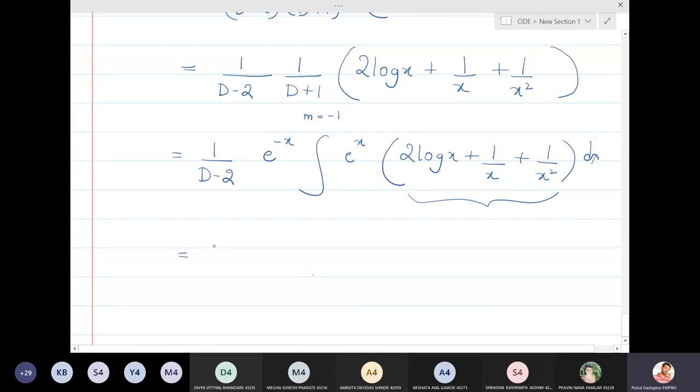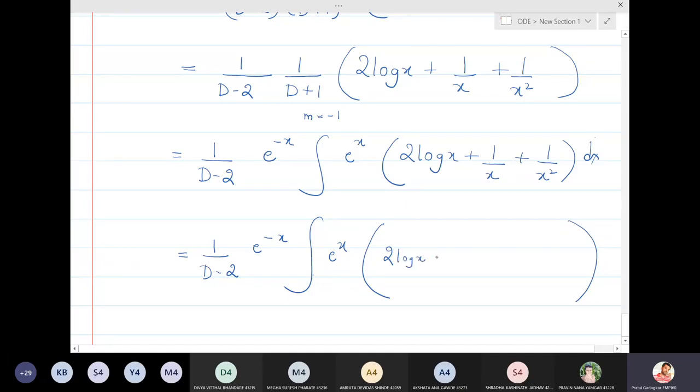Which is 1 upon D minus 2 into e raised to minus x, integration e raised to x into 2 log x. For 2 log x, I must have 2 upon x, right?